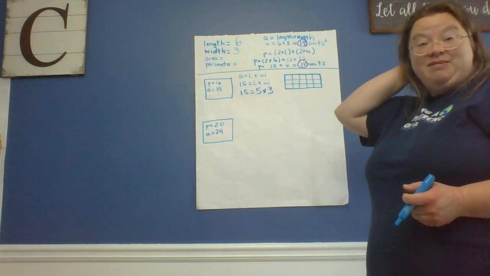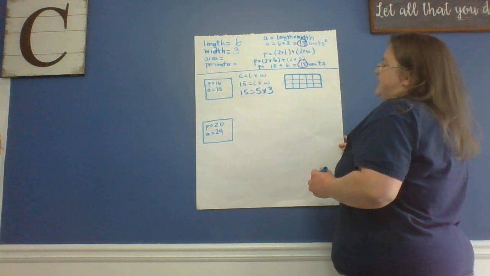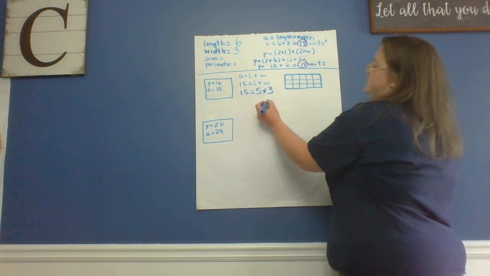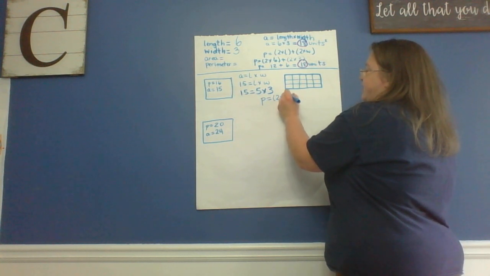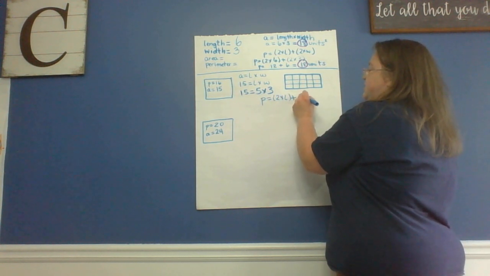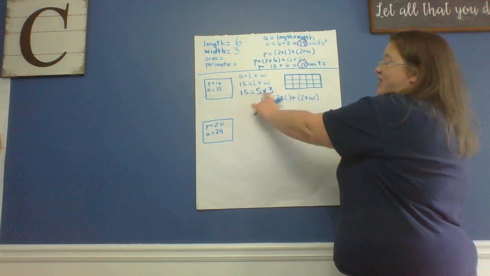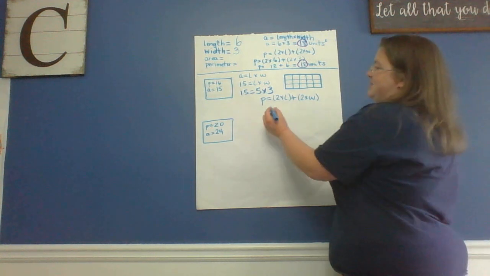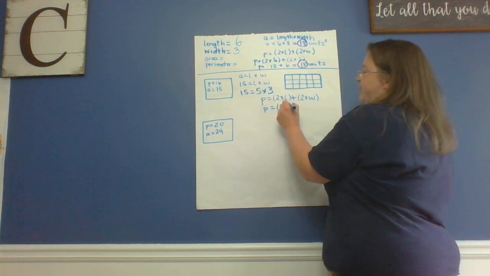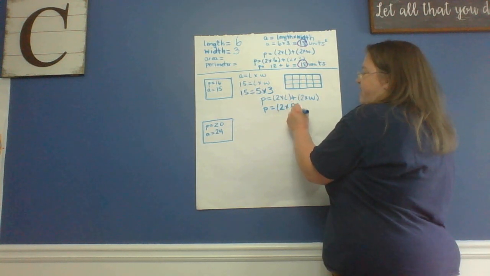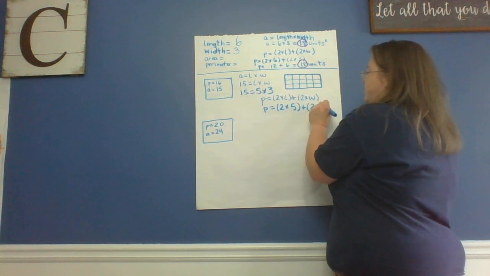Now I'm going to try out my perimeter formula and see if this is the correct model. So perimeter equals 2 times length plus 2 times width. So I'm going to plug in the length and width from right here into this formula and we're going to see what happens. So perimeter equals 2 times length, which is 5, plus 2 times width, which is 3.